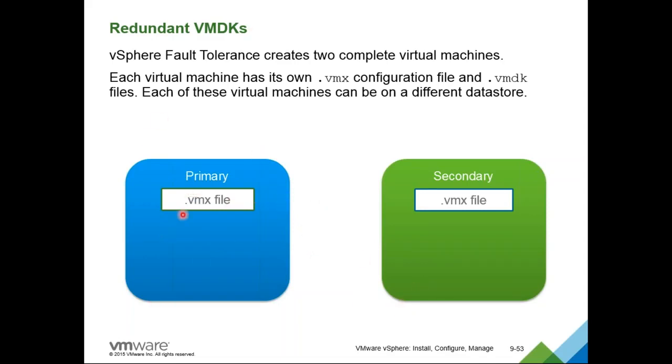So your primary virtual machine has a different VMX configuration file as well as its own VMDK files. A copy of this primary virtual machine is created as the secondary. It will have its own VMX configuration file and its own VMDK files. But whatever size the VMDK files of your primary are, the same size will be created on your secondary.